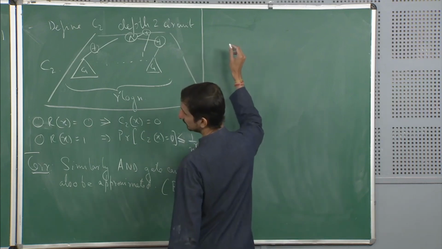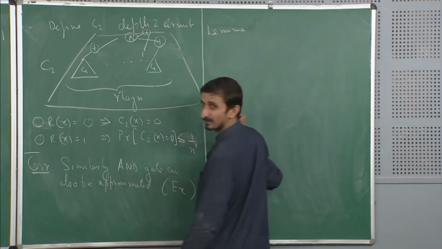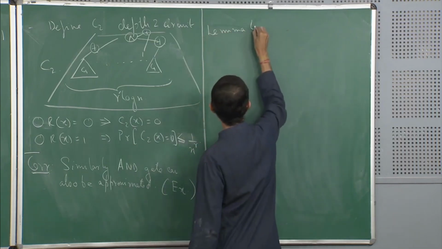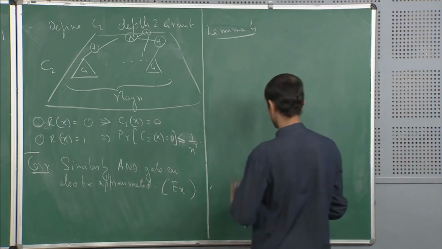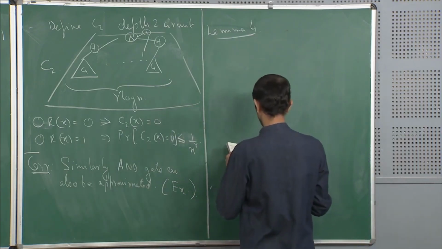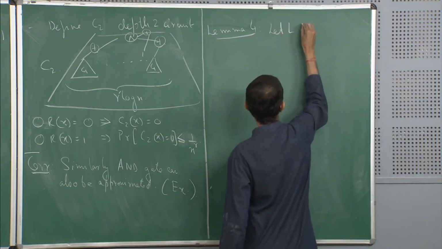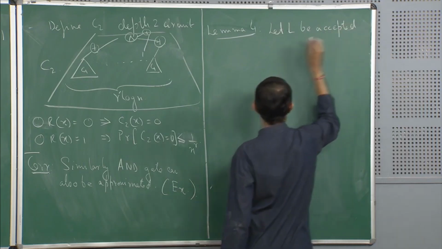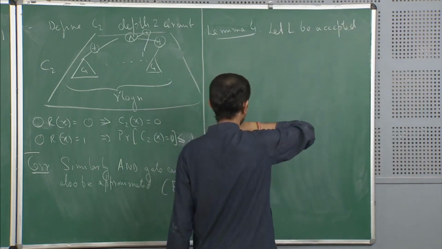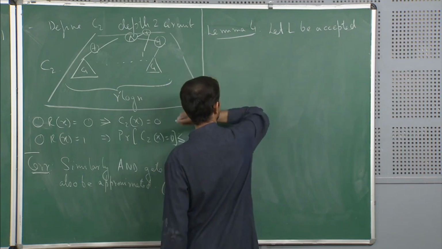So we have lemma 3, we call this lemma 4. This is also not very difficult, it is quite easy, but let me just state this for the sake of completeness.